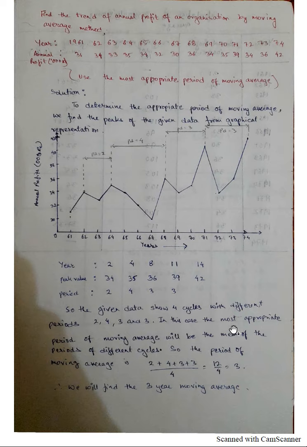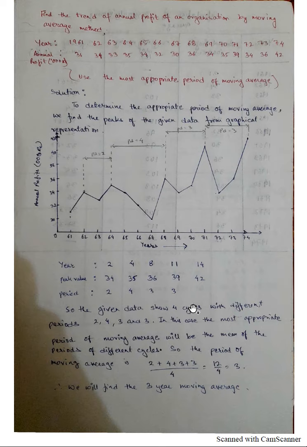In this case, the most appropriate period of moving average will be the mean of the periods of different cycles. So if you take the means of the different periods, you will get the appropriate duration for which you need to find the moving average. So here you are told use the most appropriate period of moving average.